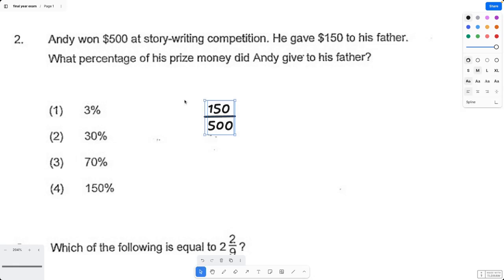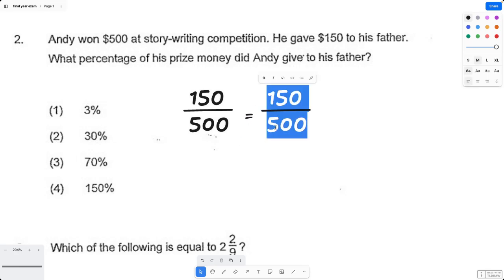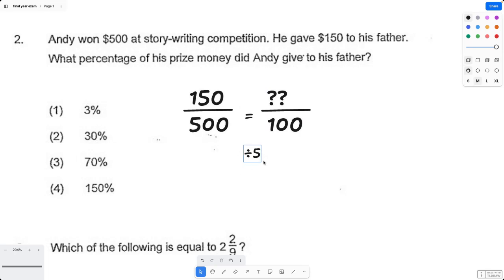Generally, why I like to use fraction is because we want to simply visualize it, right? Okay, so in this case, what will then convert this fraction on the left to a fraction where I can have my denominator to be 100? Okay, so in this case, if I were to have 500 divided by 5, then that means it will become 100 in this case over here, right?